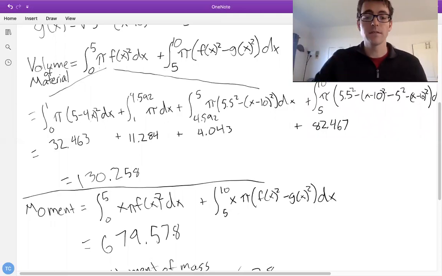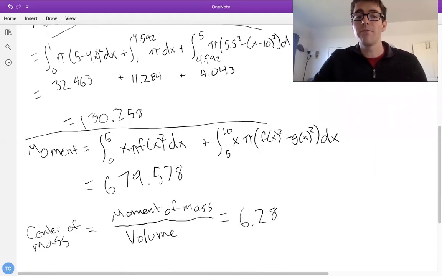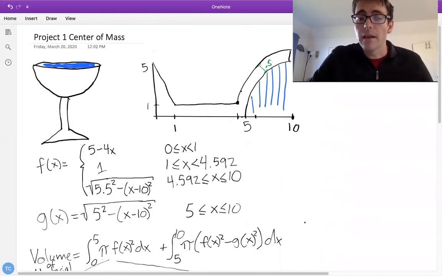The center of mass is the moment of mass divided by the total mass, which in this case is the same as the total volume, and it ends up being 6.28. So what that's saying is the center of mass is about here, at a distance of 6.28 away from the base.